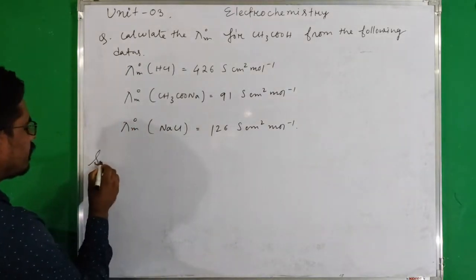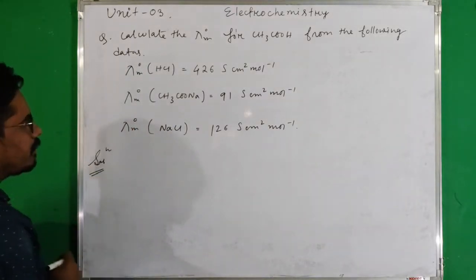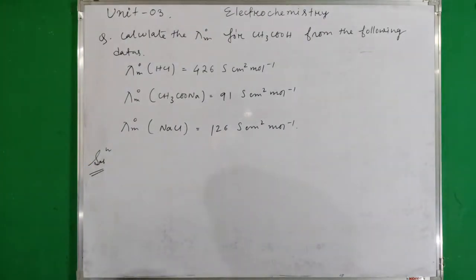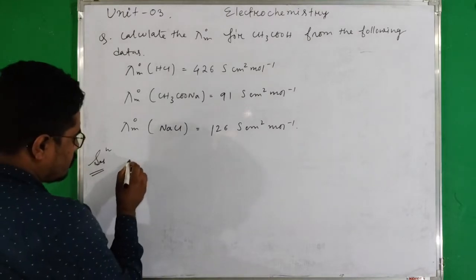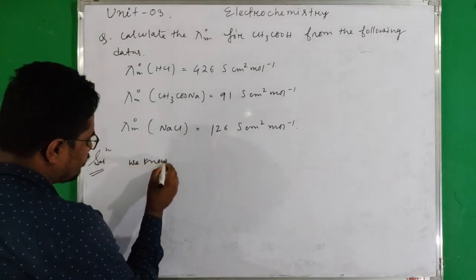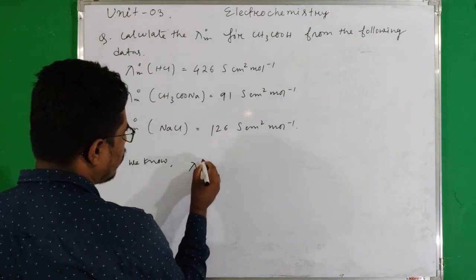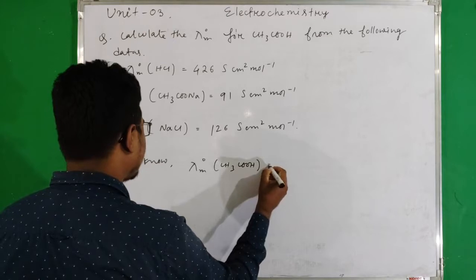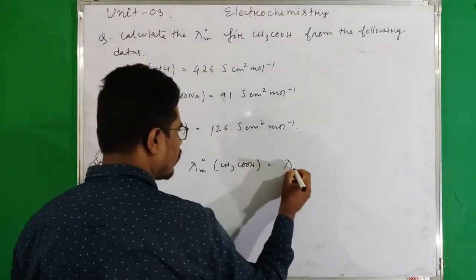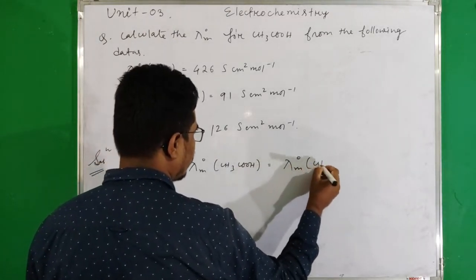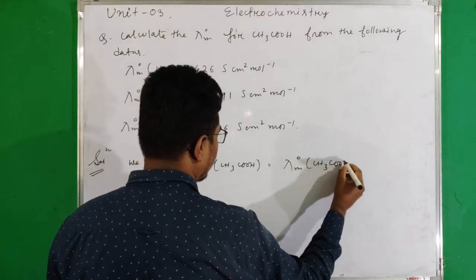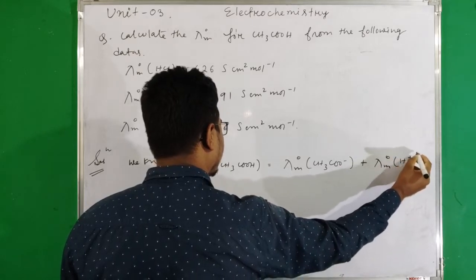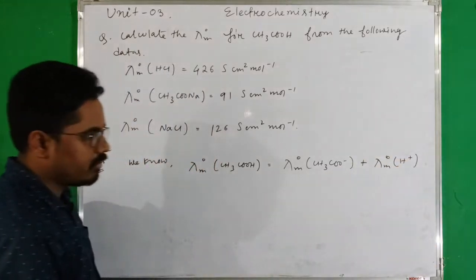So we have to determine the limiting molar conductivity of acetic acid from these data. According to Kohlrausch's law, lambda m naught for acetic acid is equal to the sum of lambda m naught for acetate ion and lambda m naught for H positive ion.